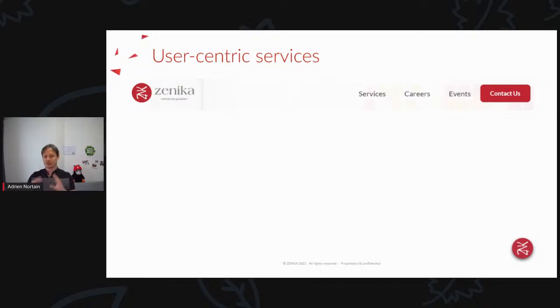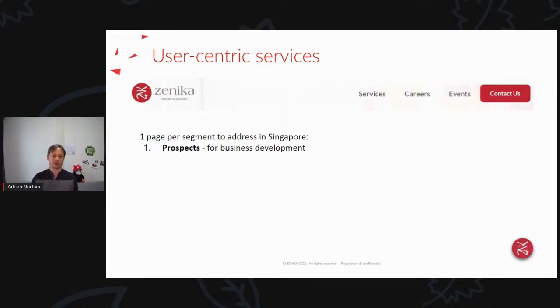In order to establish these user-centric services, as I said, we looked at 1 user segment per page. So for prospects, for the people that we want to talk with in order to expand our business, we wanted to look at the services page. For potential applicants, we wanted to have a dedicated page with the careers page. And last but not least, we have a community.